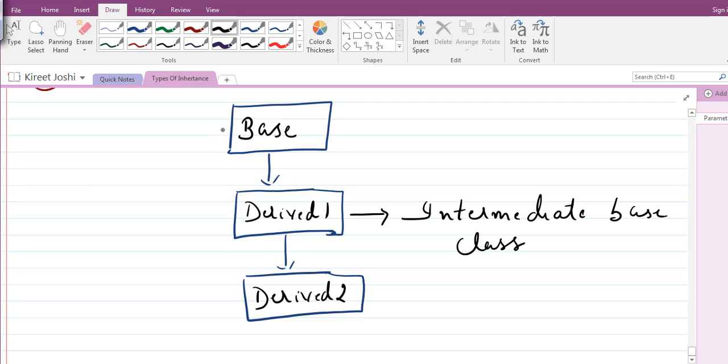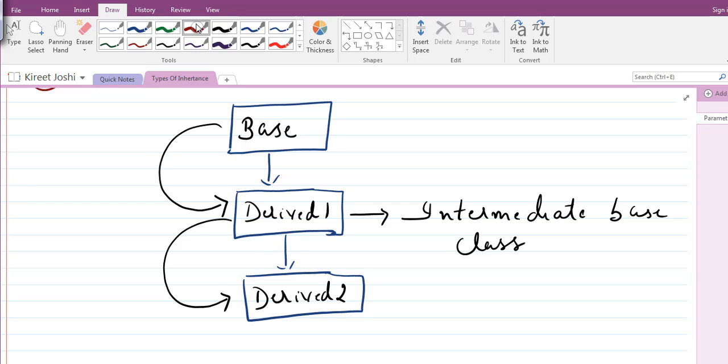So the functionalities of this base class will be inherited to derived 1, and the functionalities of derived 1 will be inherited to derived 2. We can also say that this base class is a super class of derived 2 via derived 1, because there is a level, and the level is derived 1.